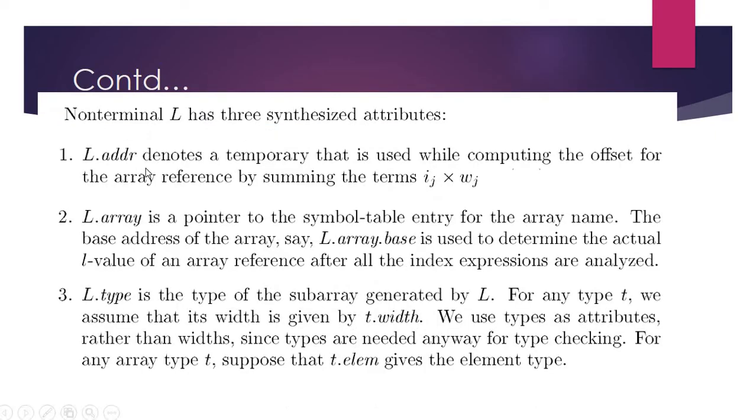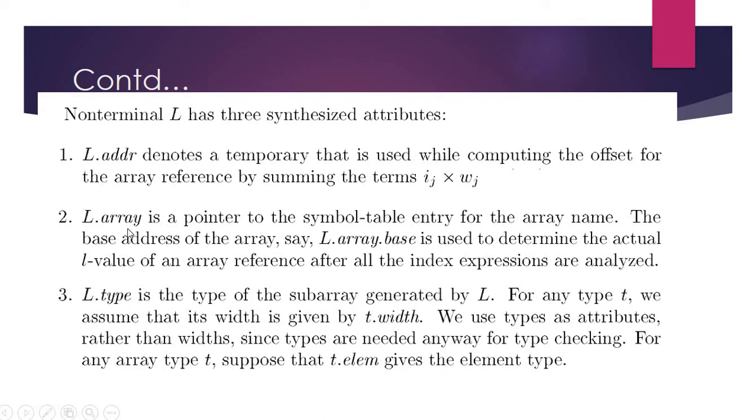As I mentioned here, there are 3 synthesized attributes used here. L.address denotes the offset address. That will be calculated by using the index value, multiplied with the width of each and every element in the array.